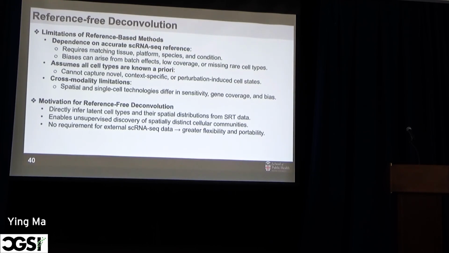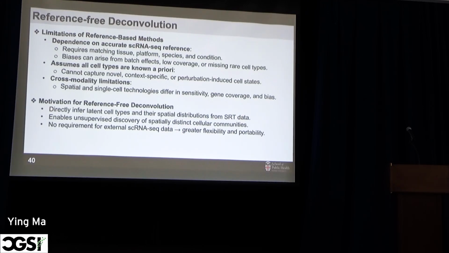First, they depend on the accuracy of the single cell reference, and might require matching tissues, platforms, species, or conditions. Second, biases can arise from batch effects, low coverage, or missing rare cell types. For example, if your spatial data contains rare cell types not measured by the single cell reference, then the deconvolution might have some bias.